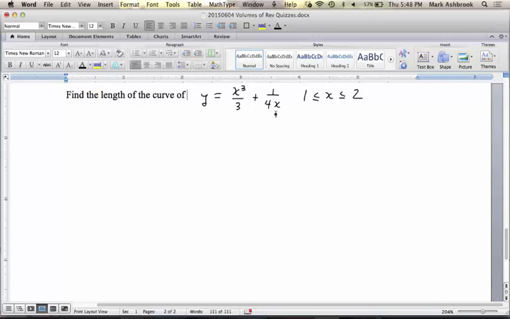So we've got some cubic curve here. Actually, cubic and 1 over x. And we're going to find the length from 1 to 2. Okay? So we're going to try to set up the integral. So you guys set up the integral, so you can do better this time. What integral will give us the length of that curve?